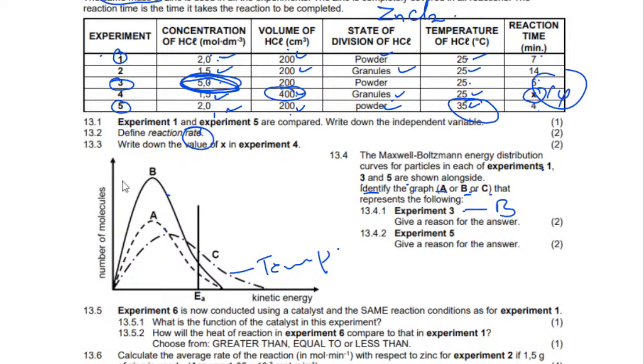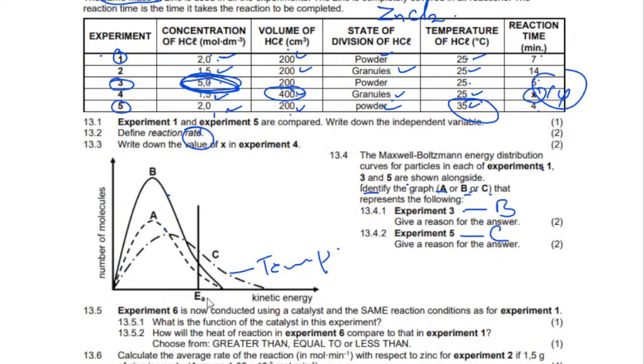More particles are trying to react. It has the highest number of moles. In other words, its moles are a lot. And then 5 is for the temperature, so it's going to be C. Why are you saying that? Because it has the highest temperature. More particles will have sufficient energy. You understand?